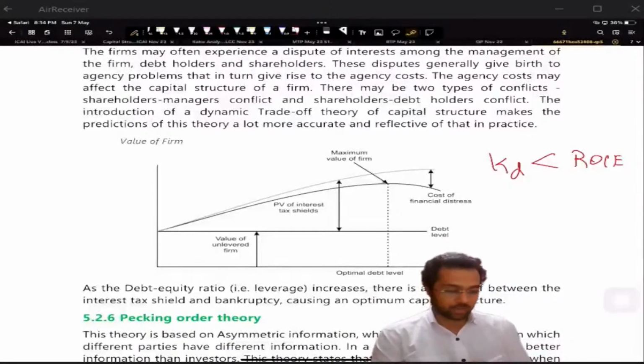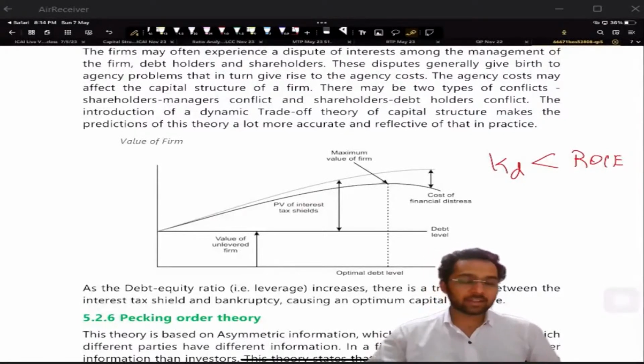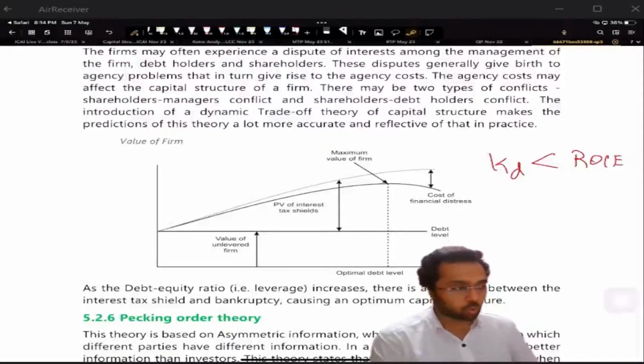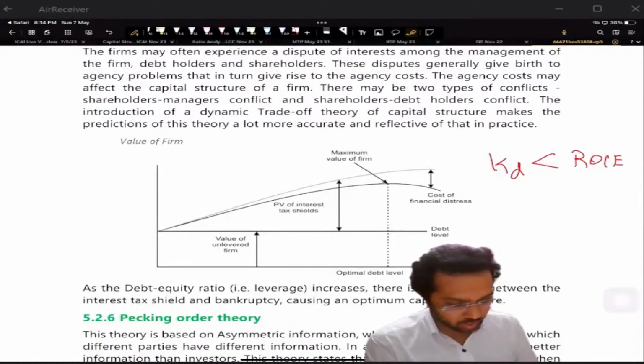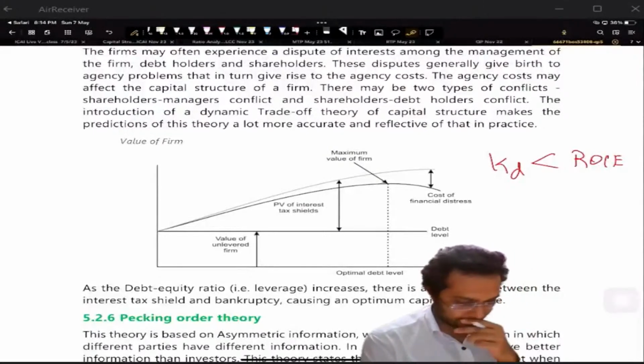If you take more and more debt, after a point of time it will hamper your liquidity, and there will be a fixed obligation to pay the loan, the interest and principal. That is where the cost of financial distress comes in.